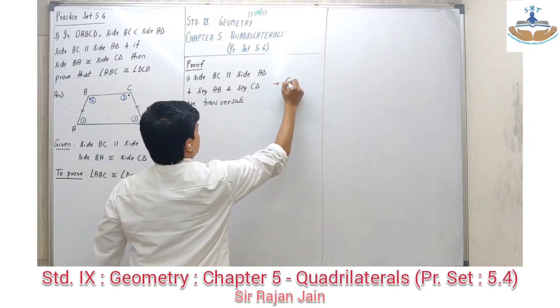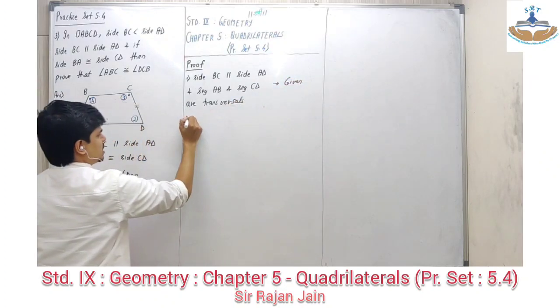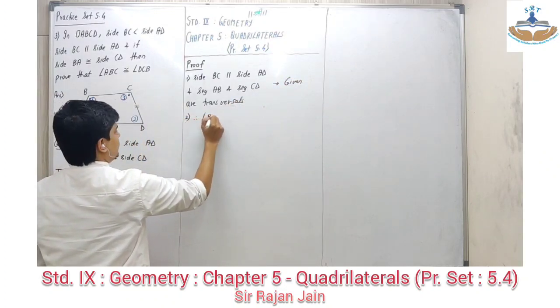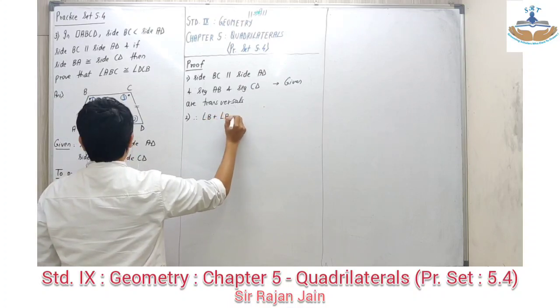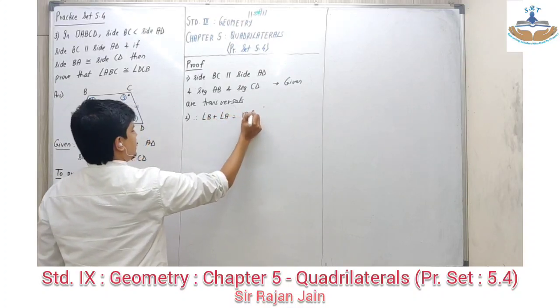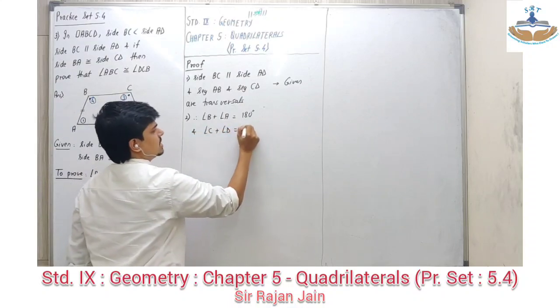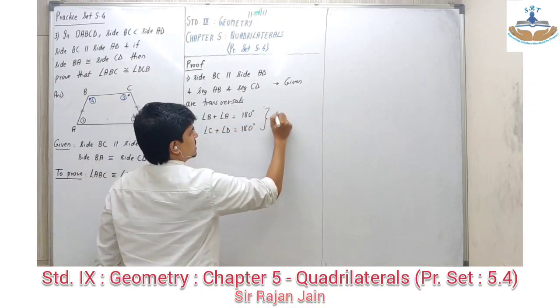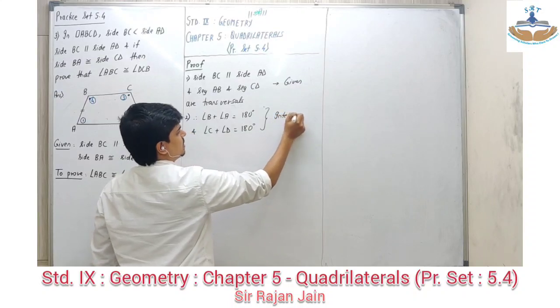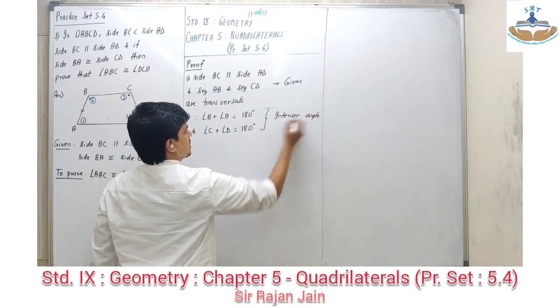What reason will you write? This is what is given in the question. Therefore, angle B plus angle A is equal to 180 degrees and angle C plus angle D is equal to 180 degrees. Reason you can write interior angle theorem.